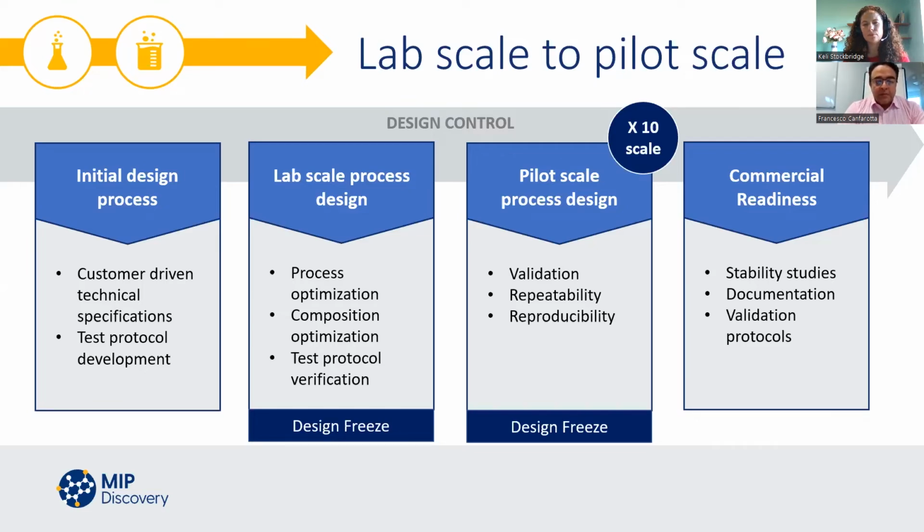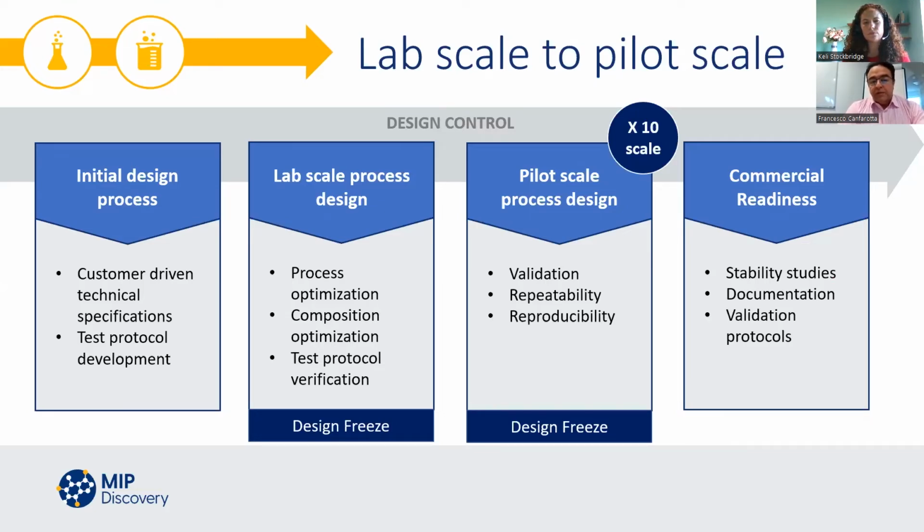In the lab scale journey, the most important thing we do is not just the compositional optimization of MIP synthesis, but also the process optimization. And we do this in the very early stages, followed by the repeatability and reproducibility trial. The reason is very simple: we want to make sure that what we are making is reproducible and fits very well to the expectations of the customers.